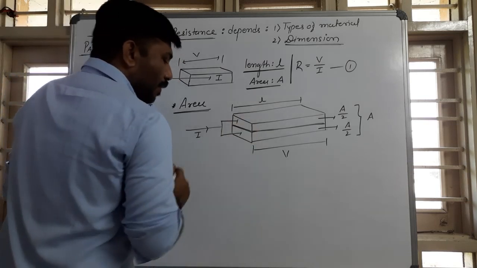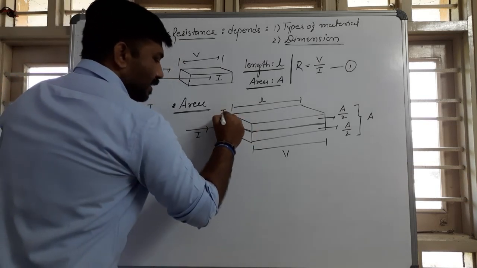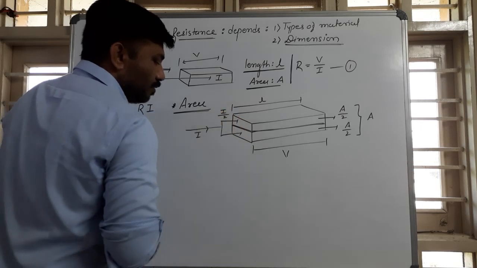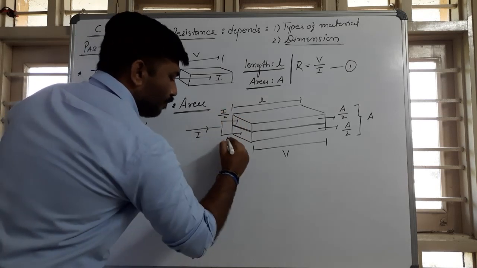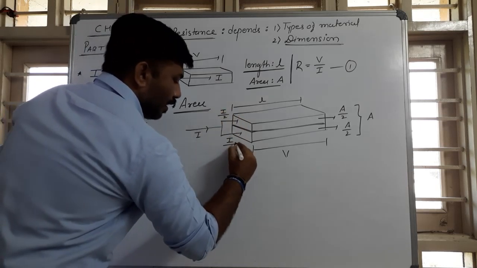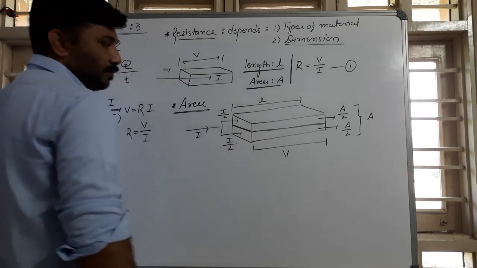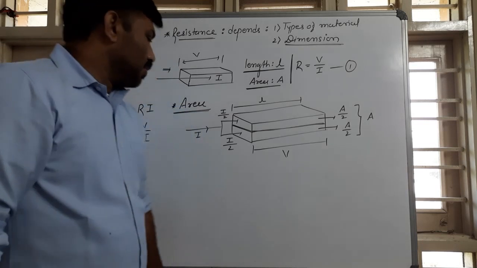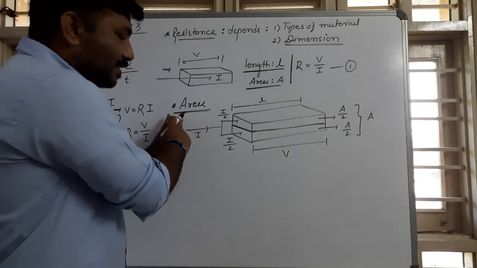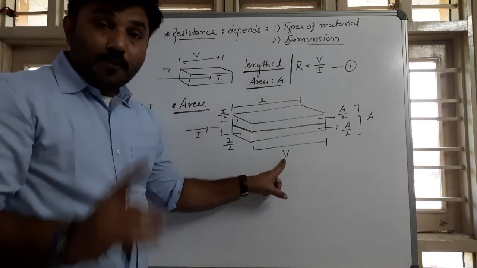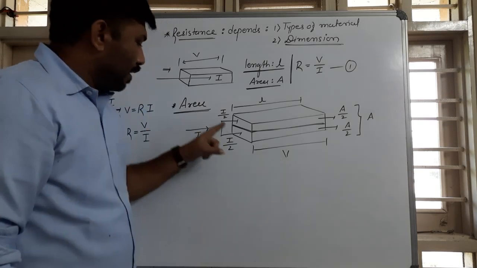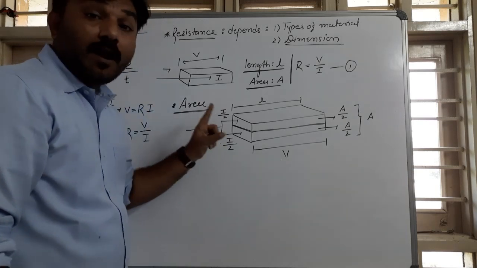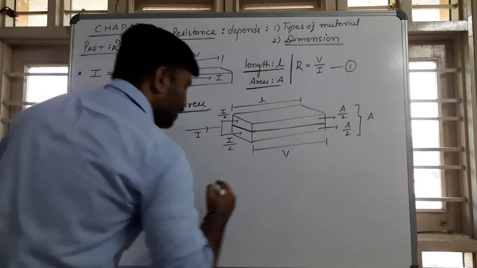From the upper part the electric current passing is I by 2, and from the lower part the electric current passing is again I by 2. So in this condition, the electric potential is the same, but the electric current becomes half.